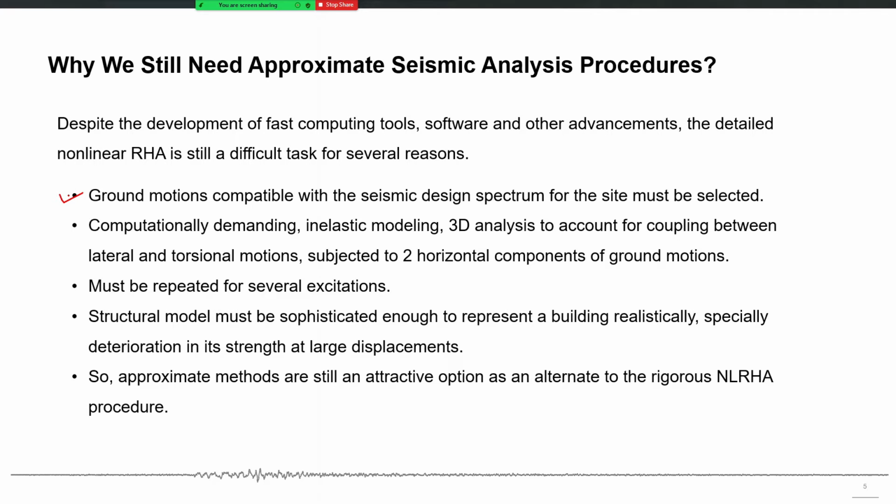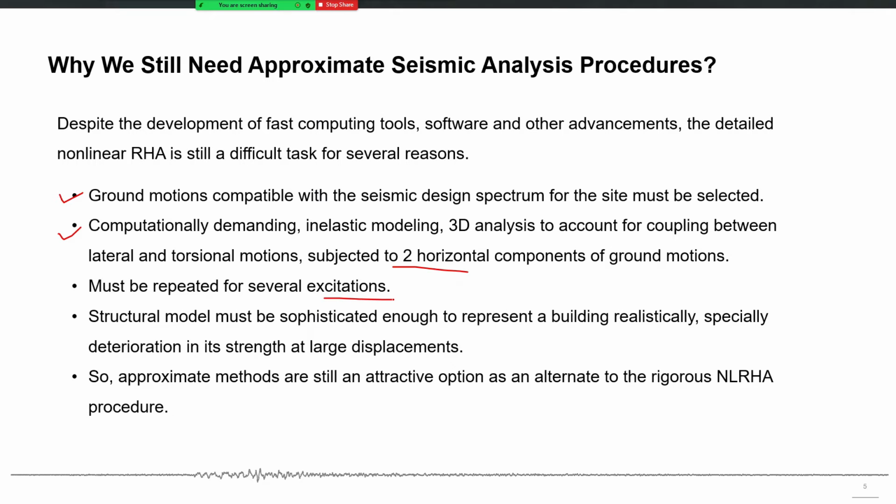Then the nonlinear time history analysis is computationally demanding. You have to run the ground motion analysis for at least 2 horizontal components. Then you have to repeat it for several ground motions, not one. The recent performance-based design guidelines recommend 11 ground motions for one building's performance-based design.